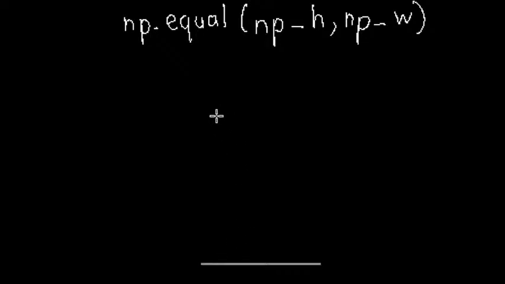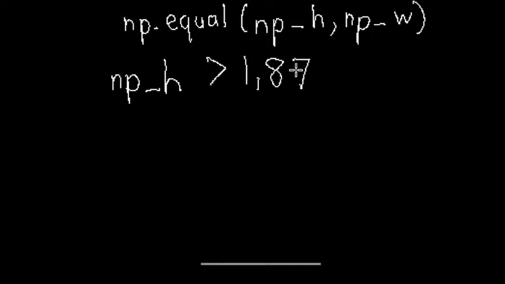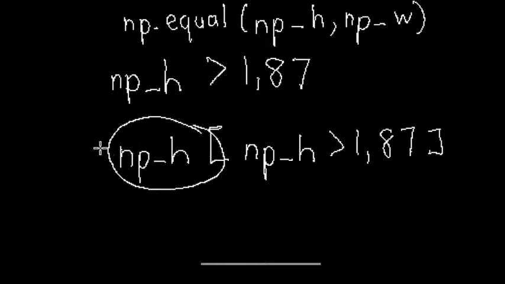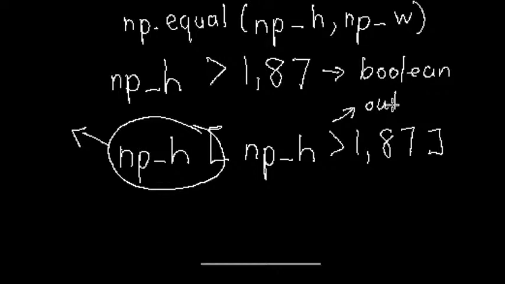So we basically said NPH greater than, and I think our mean was at 1.87. And then basically to print that, we use square brackets, and then we say NPH greater than 1.87. And it's going to print all the values in this array. It's going to tell us which ones are greater than 1.87. So this is where we create a Boolean, and then this is how we create the output.